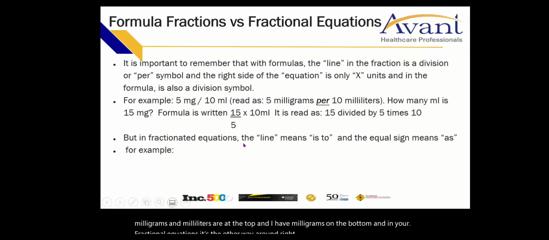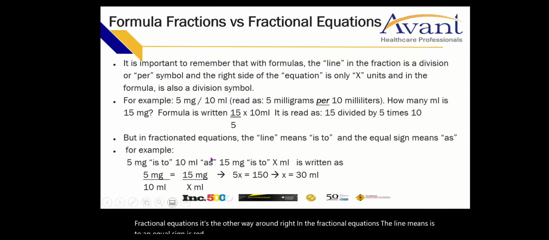In the fractional equations, the line means is to, and the equal sign is read as. So like I have been saying in these other problems that we've already done, 5 milligrams is to 10 milliliters as 15 milligrams is to X milliliters. So I've written it here. Notice my milligrams are both on the top here, and my units of measure, the milliliters, are both on the bottom. And it's different than the formula. So making sure that you're able to read that, okay?